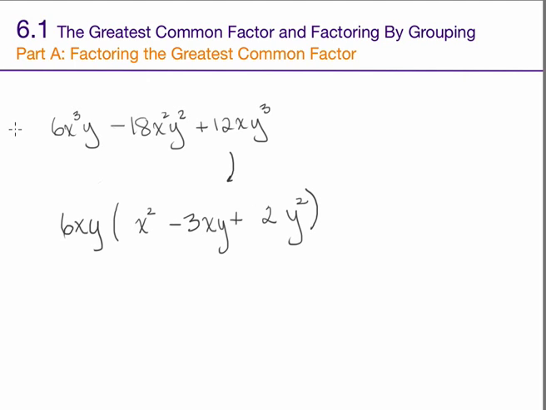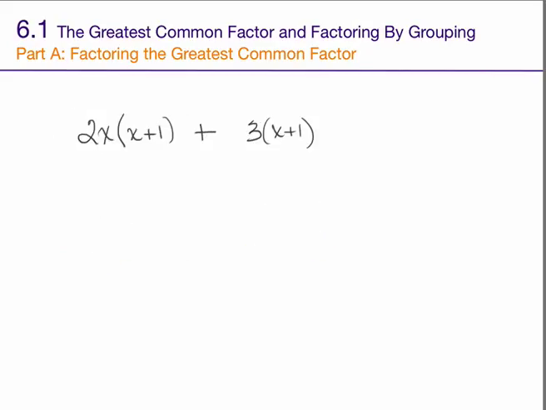What's the greatest common factor of 6x cubed y minus 18x squared y squared plus 12xy cubed? The greatest common factor is 6xy. But the expression rewritten with the greatest common factor out is the whole thing.